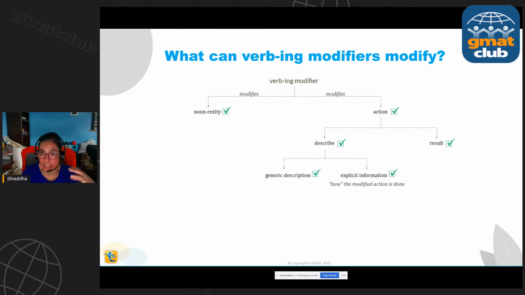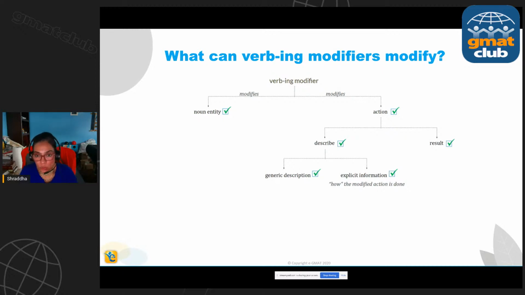Suppose a statement is made through the main clause, and then we have comma plus verb-ing modifier. That modifier can present a piece of information that substantiates the action in the preceding clause.